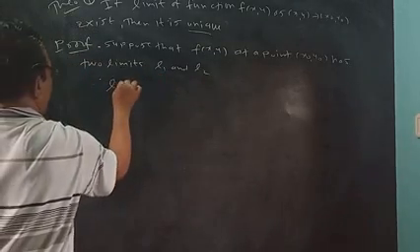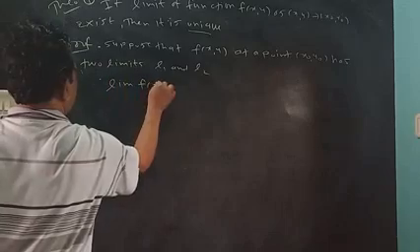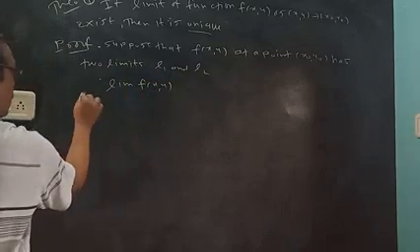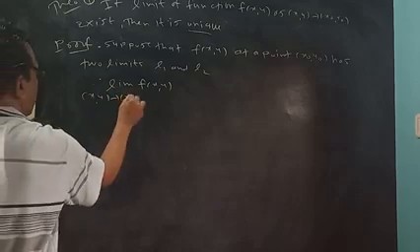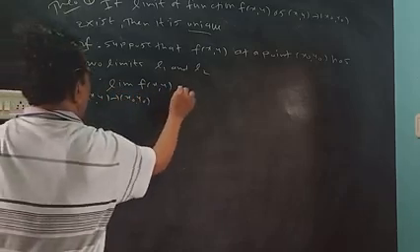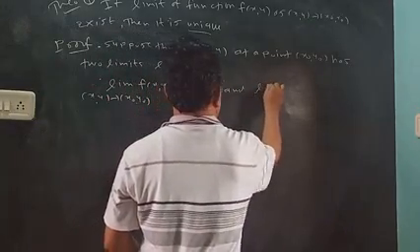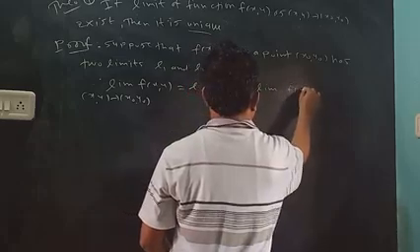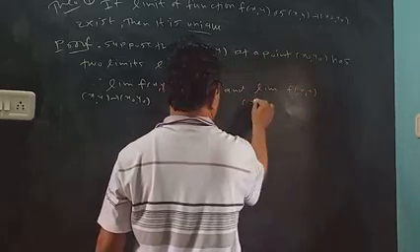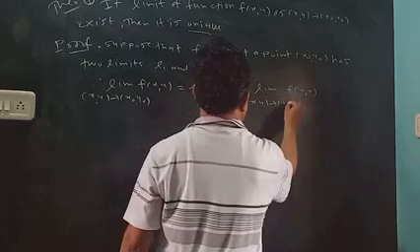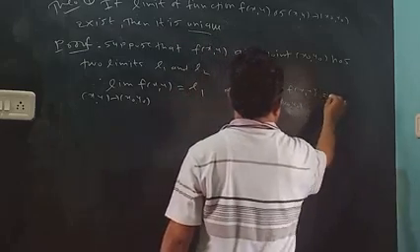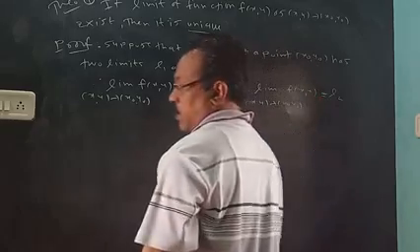Therefore, by definition, the limit of this function f of x,y as (x,y) tends to (x0,y0): one limit is L1 and the second limit is L2. Okay, two limits.